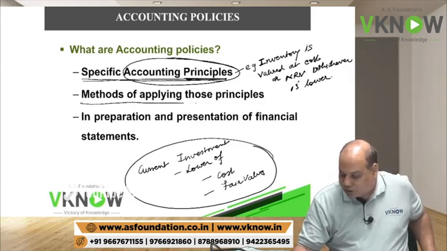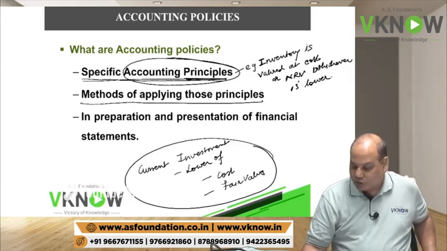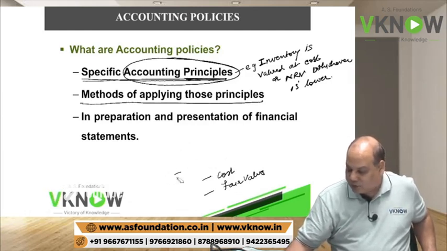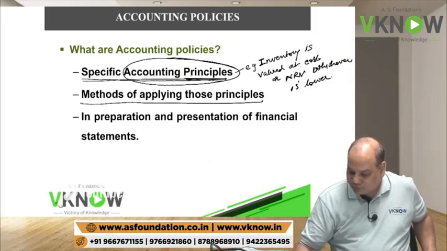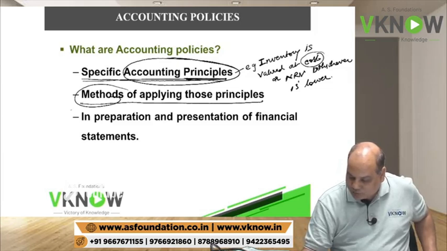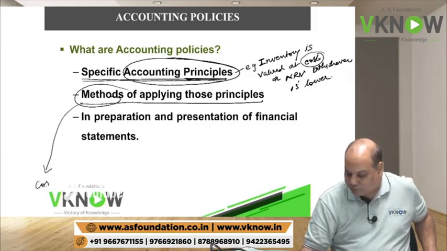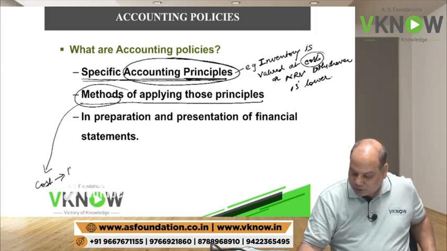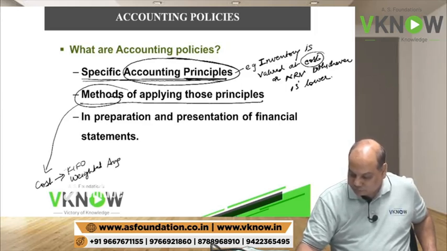And then the method of applying those principles. Now understand the difference. You are saying inventory will be valued at cost, but then how will the cost be calculated? So there are some methods to calculate cost. As per AS 2, cost can be calculated by applying the FIFO method, the weighted average method, or in some cases by applying SIM.